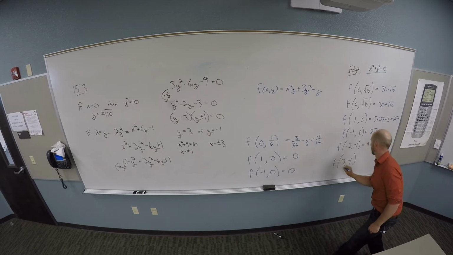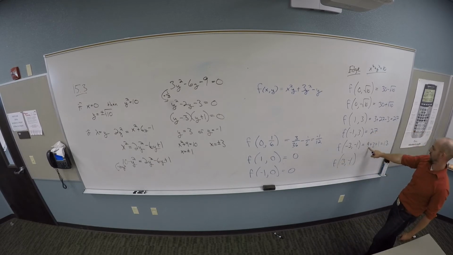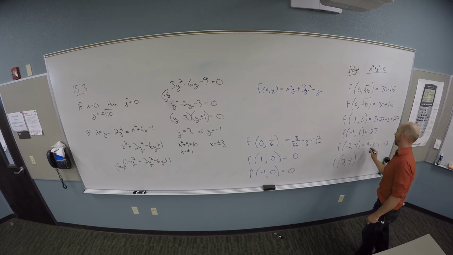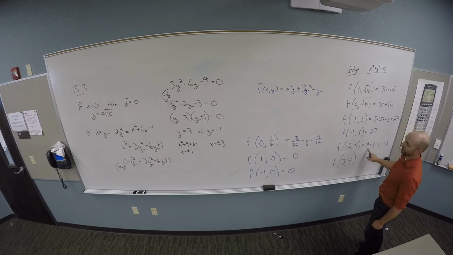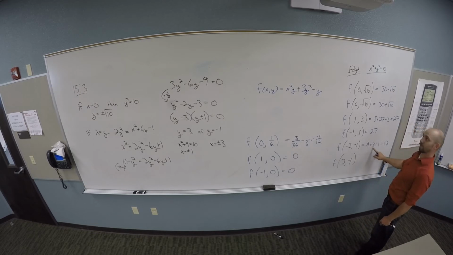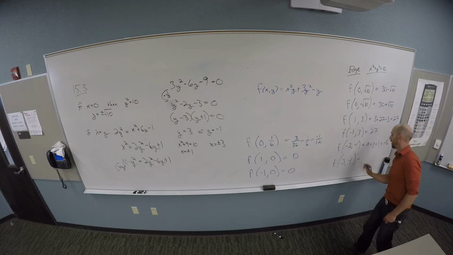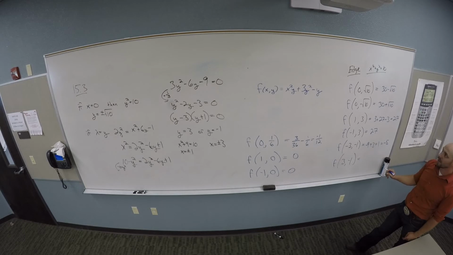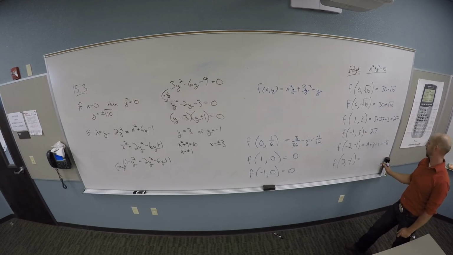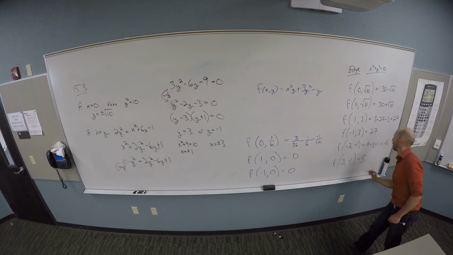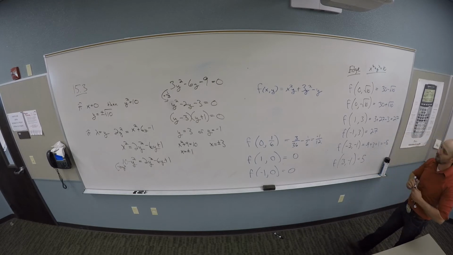Negative 9 plus 3 plus 1, it's negative 9 plus 3 plus 3 plus 1, what is that? Arithmetic. Negative 5. Arithmetic's still the hardest thing in here. And f of (3, -1) is the same, I hope. The same thing.